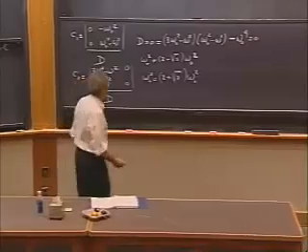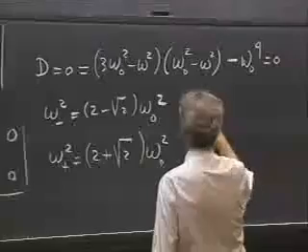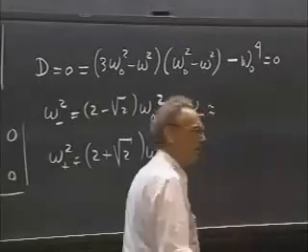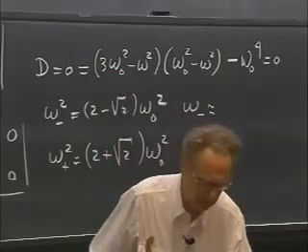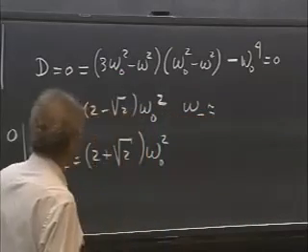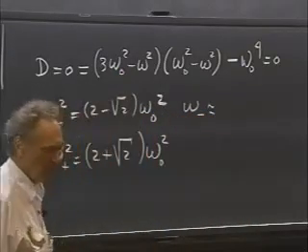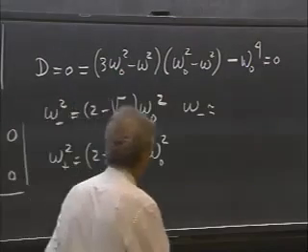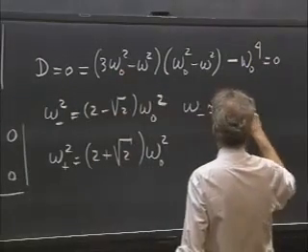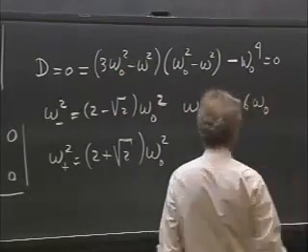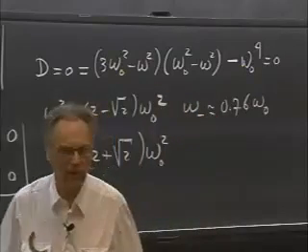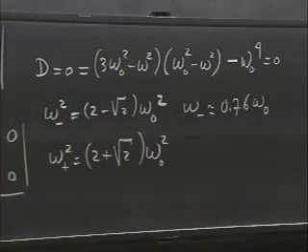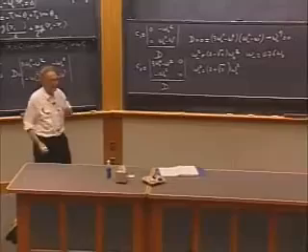So we now have a solution that omega minus, if I calculate 2 minus the square root of 2, is approximately 0.76 omega 0. Not intuitive at all, so it's lower than the resonance frequency of a single pendulum.